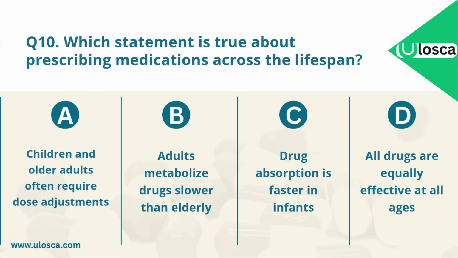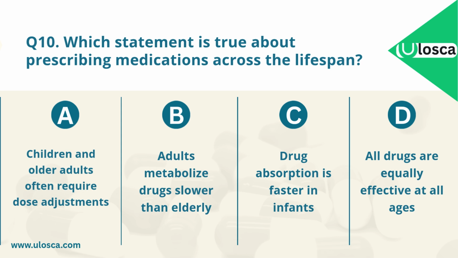Question 10. Which statement is true about prescribing medications across the lifespan? A. Children and older adults often require dose adjustments. B. Adults metabolize drugs slower than elderly. C. Drug absorption is faster in infants. D. All drugs are equally effective at all ages.